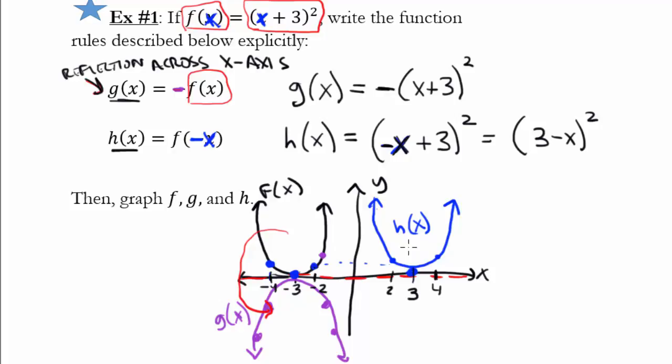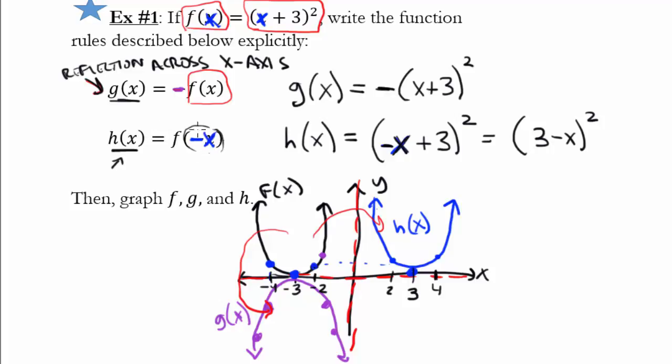Now we can see h of x is a reflection across the y-axis. It's like you took this whole graph and flipped it around the y-axis and plopped it here. So we can record that. When I'm changing the sign of the input, that's the only difference between f of x and h of x.